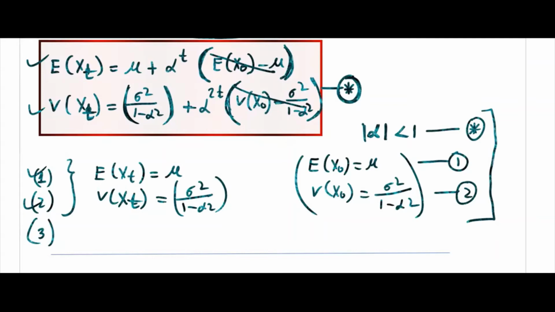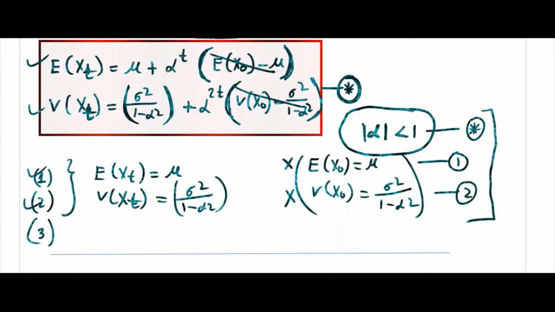Now we'll turn to the other side. Even if this is not satisfied, as long as mod alpha is less than 1, xt could still be stationary under one condition. For large t, it might not be stationary now, but if you look at a long time, then in future it will be stationary if star is satisfied.